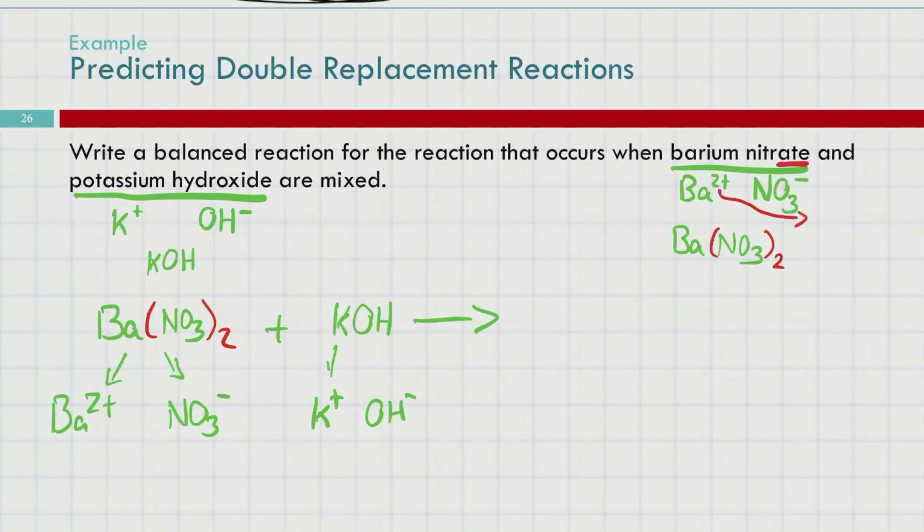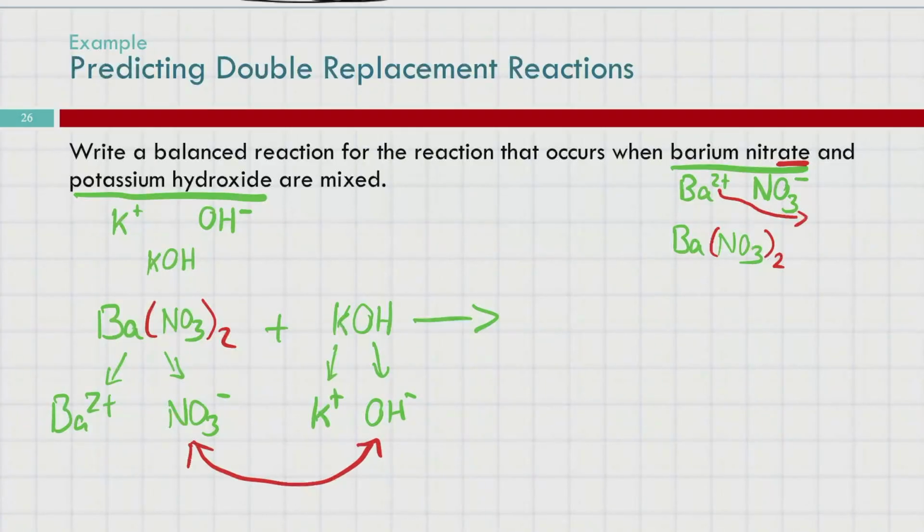Okay, so rewriting the way that these split up. And this is so that we can swap. So we're going to swap our anions and rewrite them on the right side.